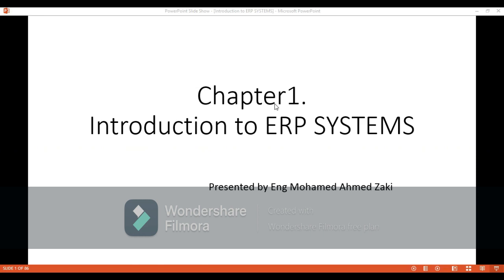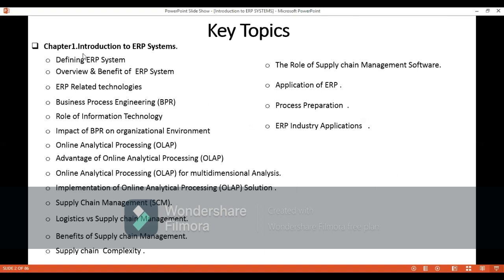So today we're going to be looking at the first chapter, Introduction to the ERP system. In our presentation, we're going to be looking at the definition of the ERP system, the overview and benefits of the ERP system, the ERP related technologies that are being used, business process engineering, and the role of information technology in ERP systems.